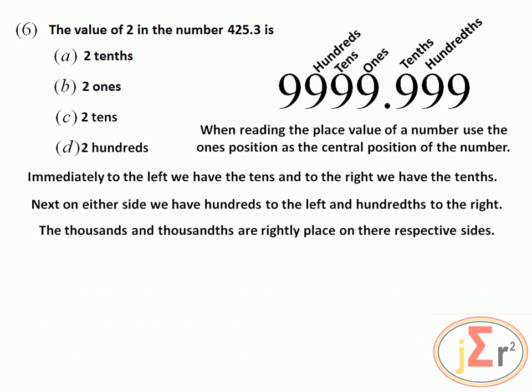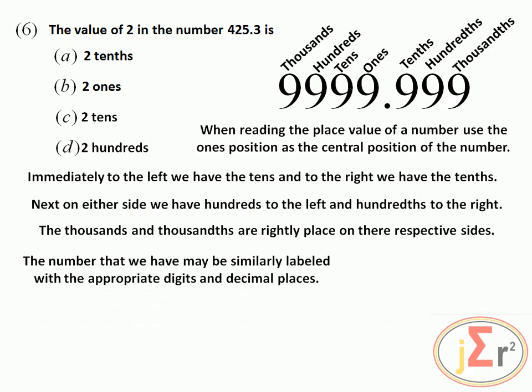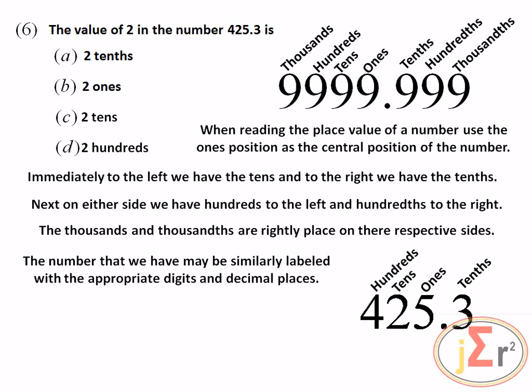And we know what will follow. Thousands and thousandths are rightly placed on their respective sides. The number that we have may be similarly labeled with the appropriate digits and decimal places. Of course, this time we only have 4 digits, but we can label them appropriately.